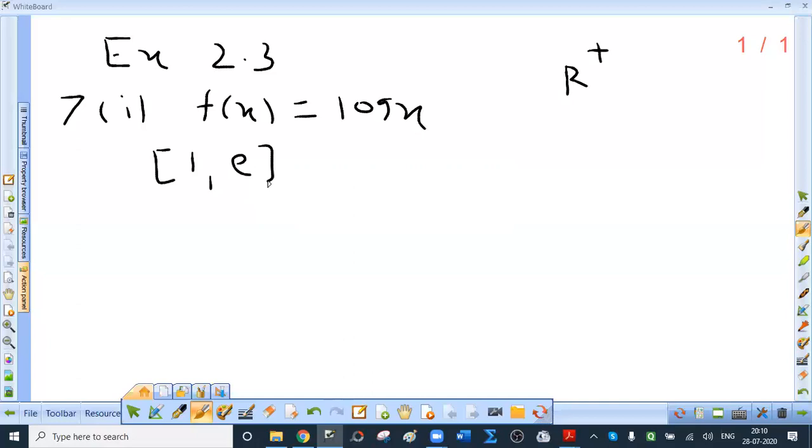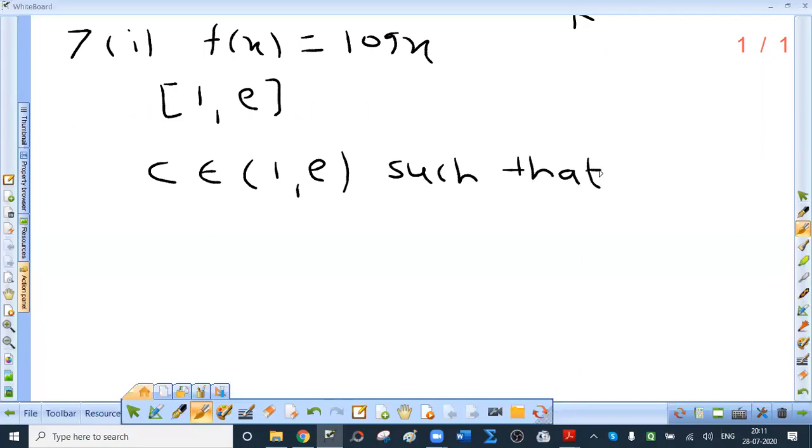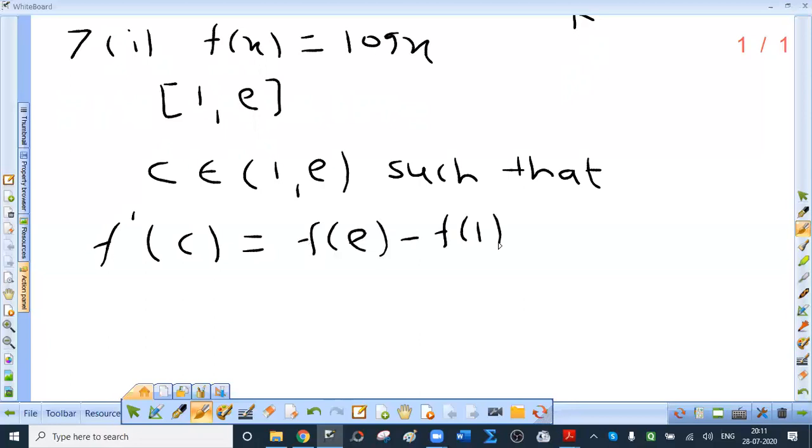Therefore, there exists small c, see on the screen, belonging to open interval 1 comma e, such that, what is the requirement? Such that f dash of c is f of e minus f of 1 upon e minus 1.